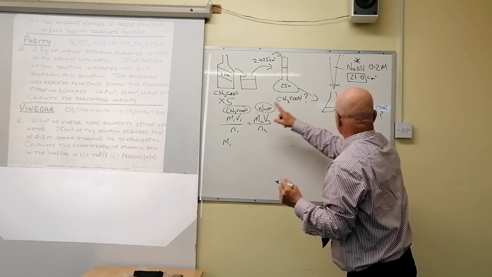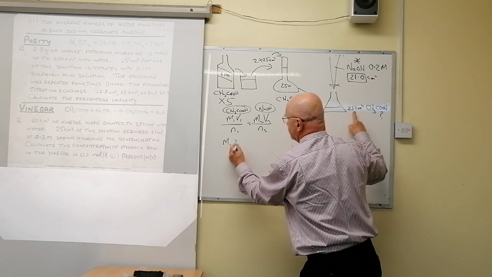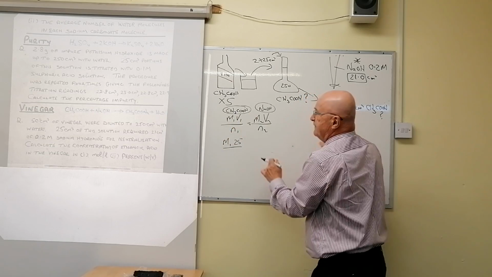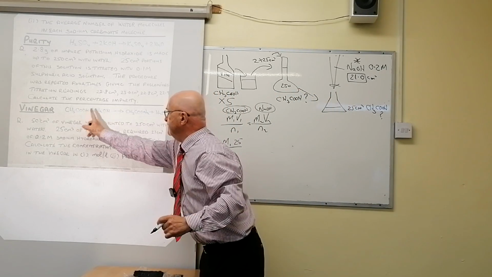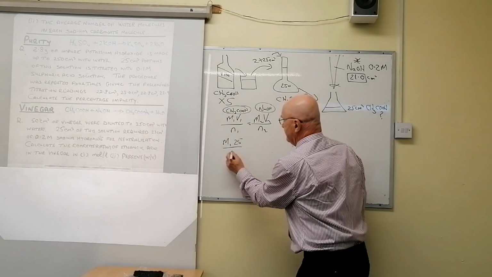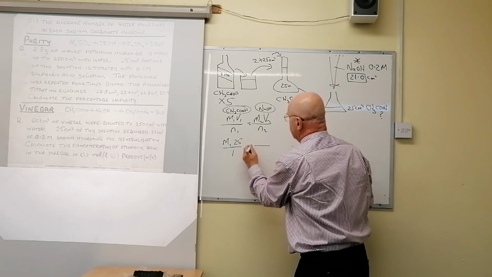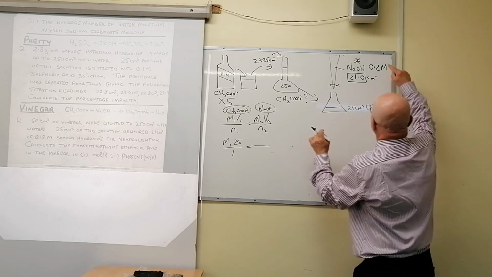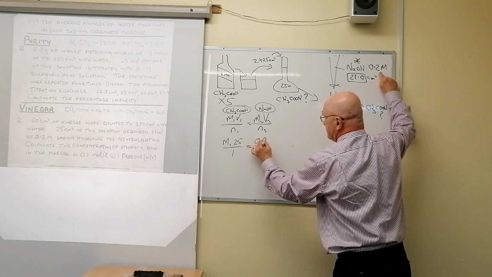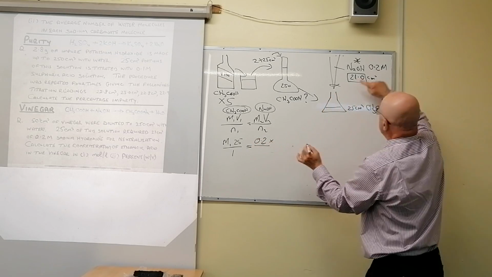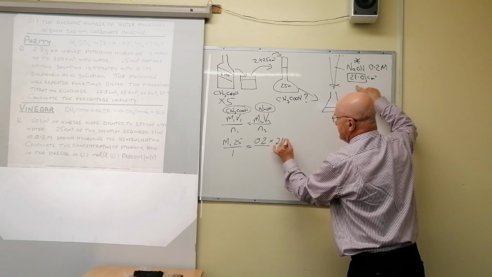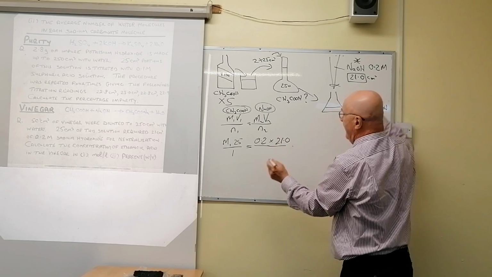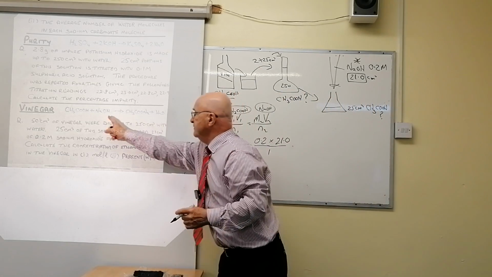The volume of that I get from my diagram, it's 25. The number of moles of ethanoic acid, I'm given this ratio 1 to 1, so that's 1. The concentration of the sodium hydroxide, we're given 0.2. The volume is 21, that's the mean titre, the mean titration reading, and that is also 1, the ratio 1 to 1.